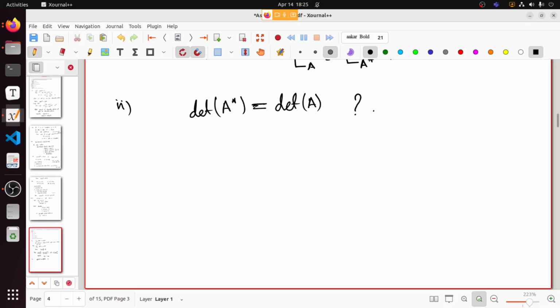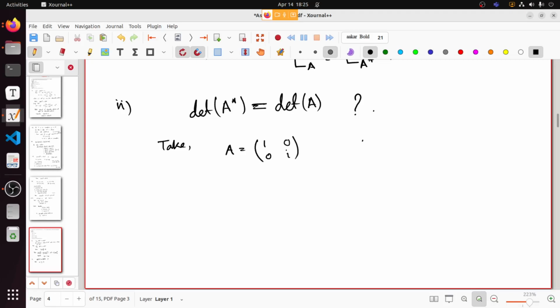So this you can check easily, let's check with complex entries. Take A equals 1 0, 0 i, right?